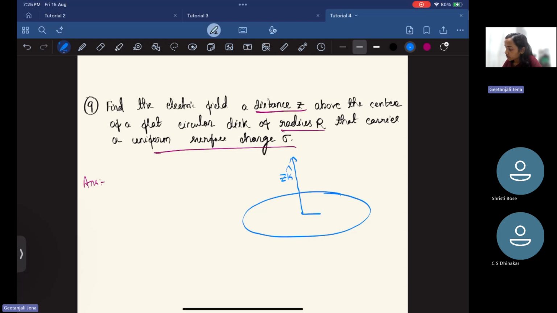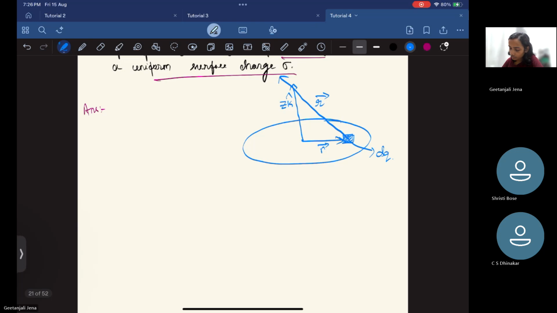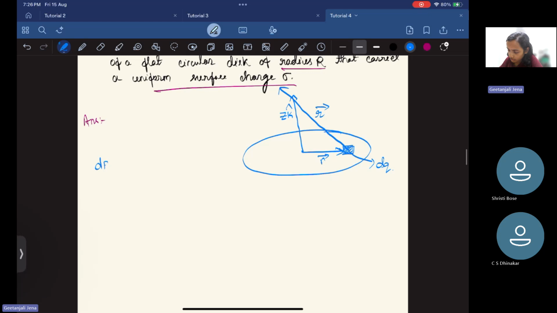From the origin, we need to take a small element which will have charge dq, and for this dq we need to find the field here at a distance r. So dE will be k dq r vector by r cube.